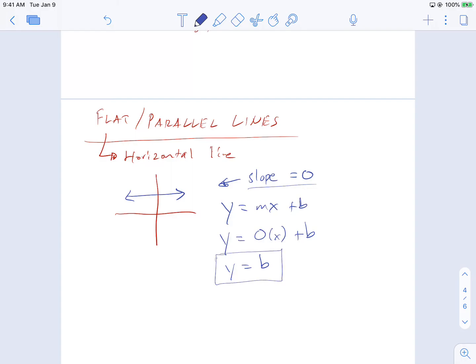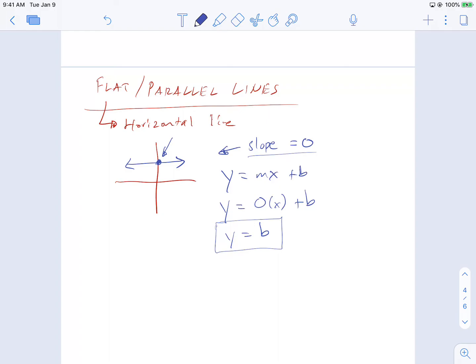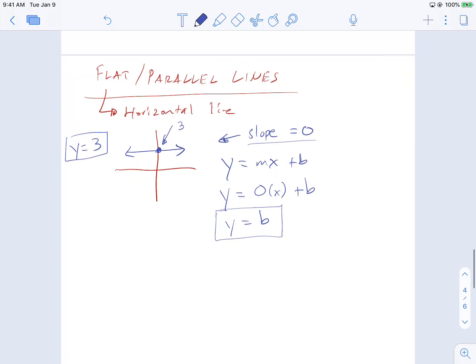So really, the equation for this line is whatever point it passes through on our y-axis, so whatever my y-intercept is. So if this passed through the point 3, this line would just be called y equals 3. It's that easy. Okay, so for horizontal line, biggest thing to remember, my m value is equal to 0.